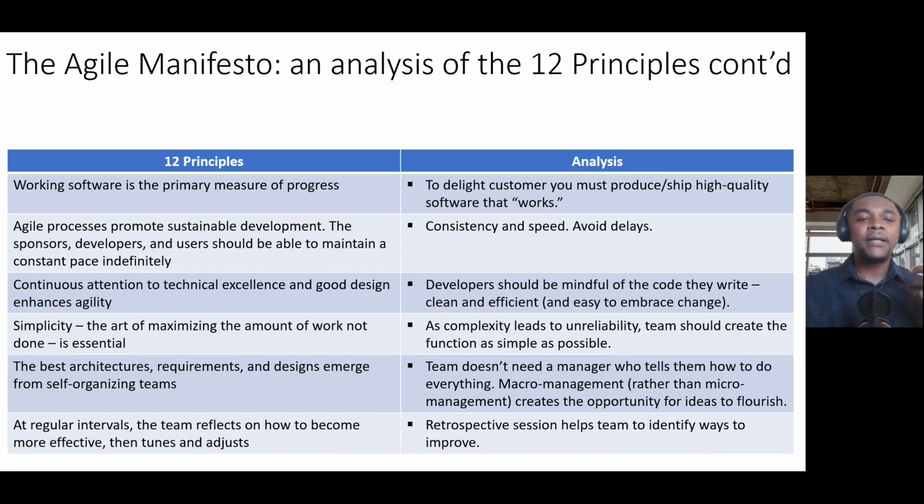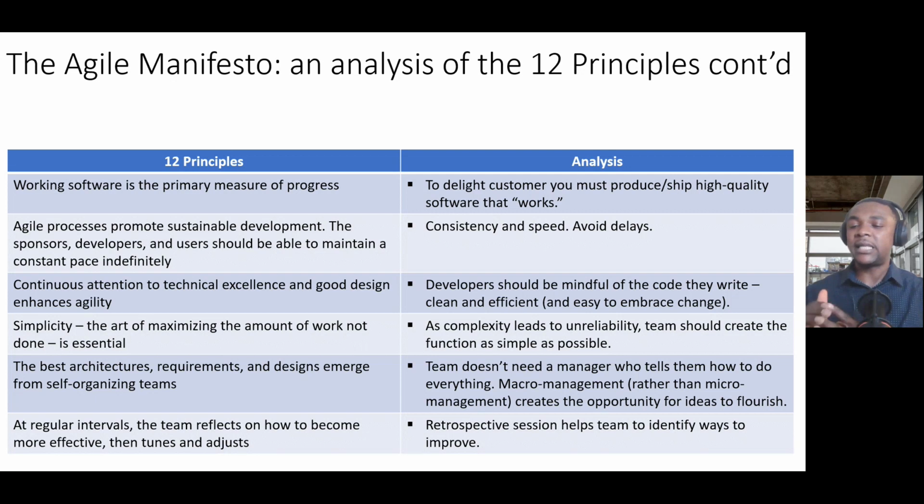All right. The seventh idea there says working software is the primary measure of progress. I was once in an interview, and the interviewer was asking, how do you measure progress? And the answer I gave was working software.